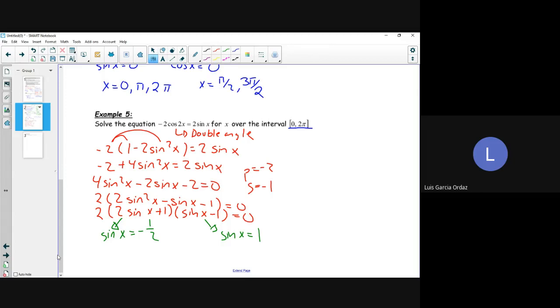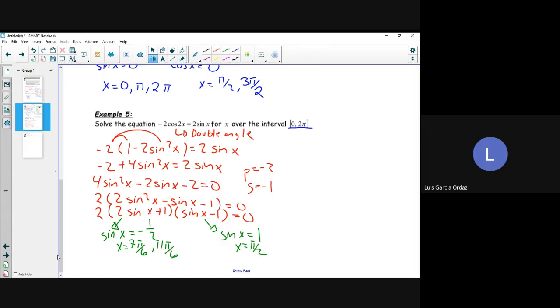Now using our unit circle, we figure out at what angle sine x gives us negative 1 over 2. This happens at x is equal to 7 pi over 6 and 11 pi over 6. And for sine x is equal to 1, that only happens when x is equal to pi over 2.